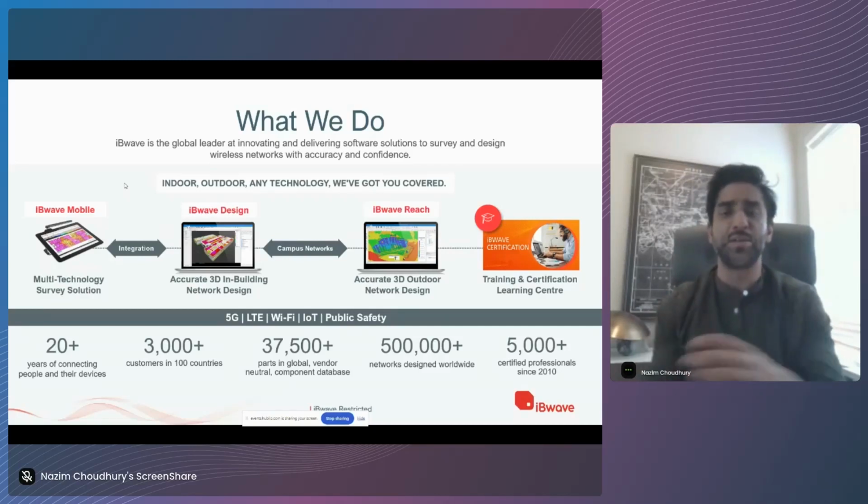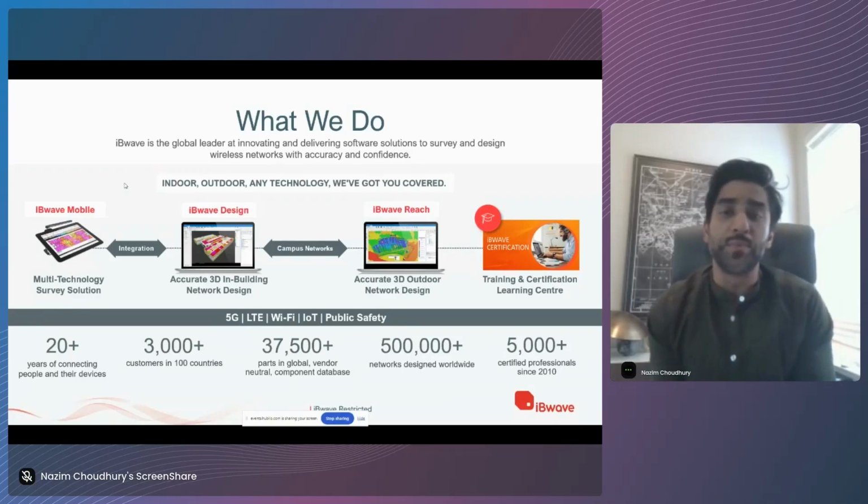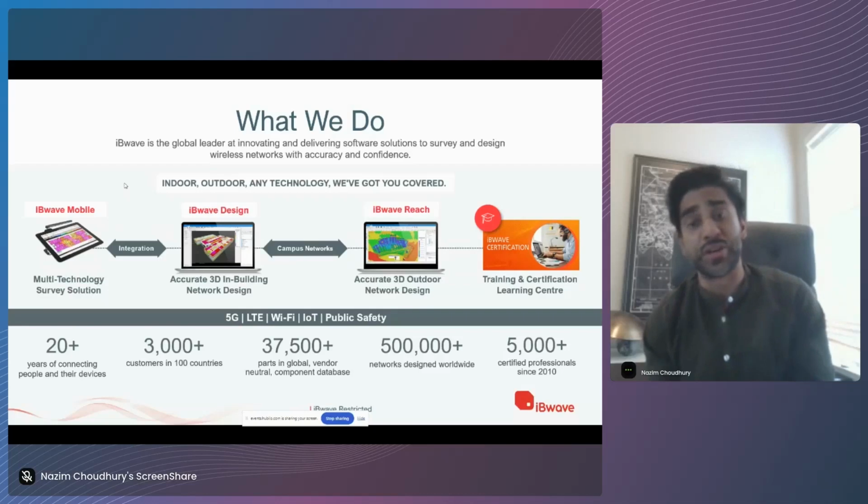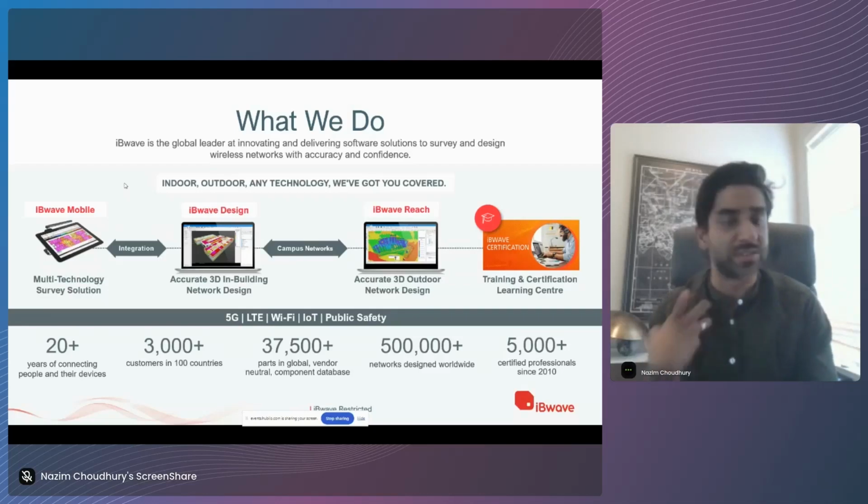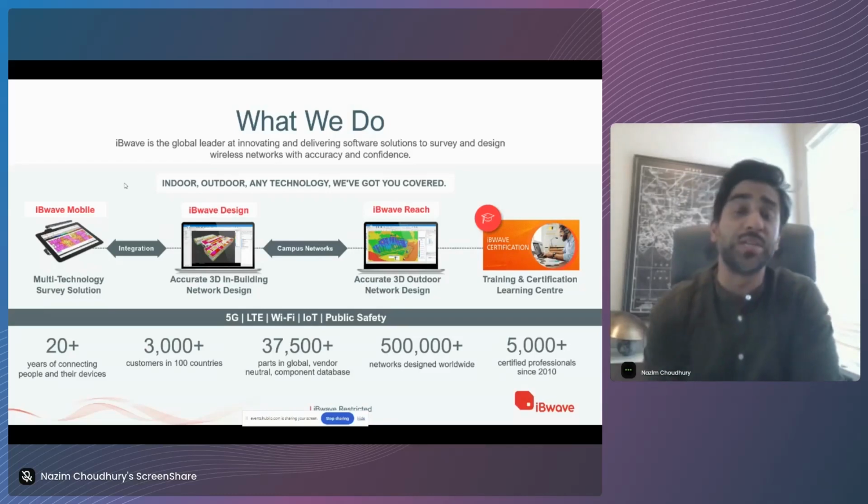So essentially, just a little bit about our products. It's a software-based company that really supports different users at different parts of the life cycle. So we have a mobile application that's really focused on doing multi-technology surveys. So really starting to understand the environment that you're going to start deploying your network in, understanding the wireless interference, understanding the architecture of the venue, and we have a 3D in-building network design software.